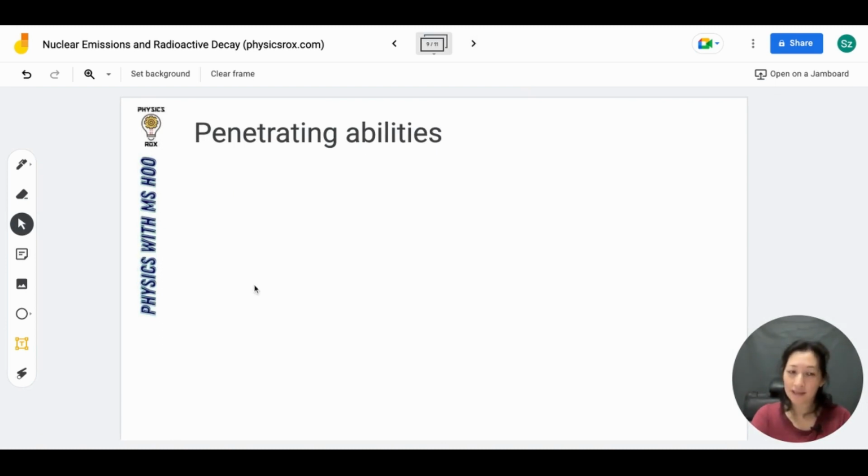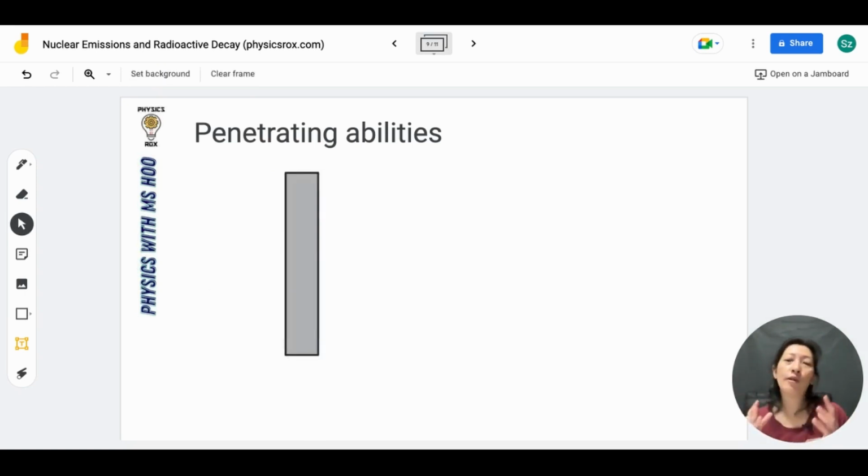Penetrating abilities. So penetrating abilities here refer to the ability of these radioactive radiations to be able to go through objects. If you know the nature of alpha, beta, and gamma, then it's easier to know and understand how they're able to penetrate objects.